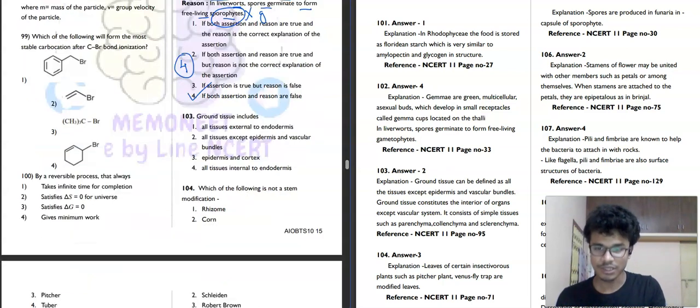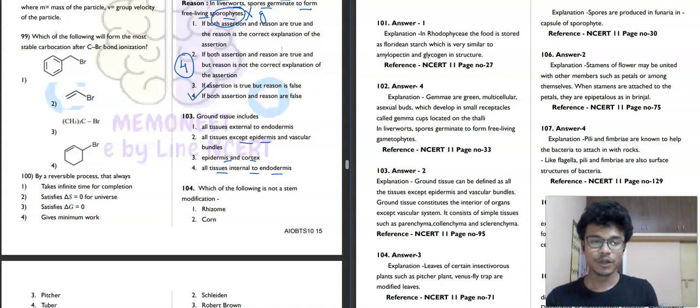Moving towards the next question, it asks: ground tissue includes all tissues external to endodermis, all tissues except epidermis and vascular bundle, epidermis and cortex, or all tissues internal to endodermis. Before going to the answer, let us understand what ground tissue is. Ground tissue can be defined as all the tissues except epidermis and vascular bundle. It constitutes the interior of organs except the vascular system.